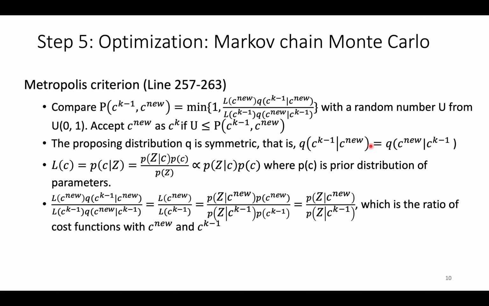Therefore, they can be removed from this equation. Besides, LC is a target stationary distribution and is proportional to the product of these two. As a result, the calculation formula can be simplified in this way. The end product is the ratio of cost functions using new parameter values and previously accepted parameter values. All these processes are realized in these 7 lines in the Python file.